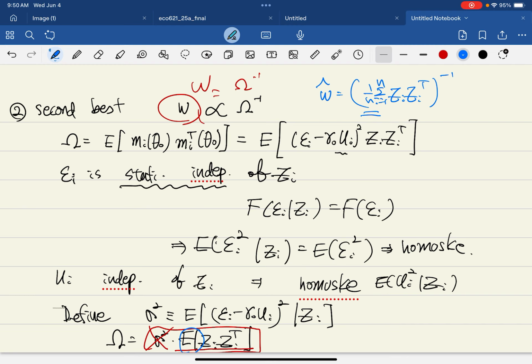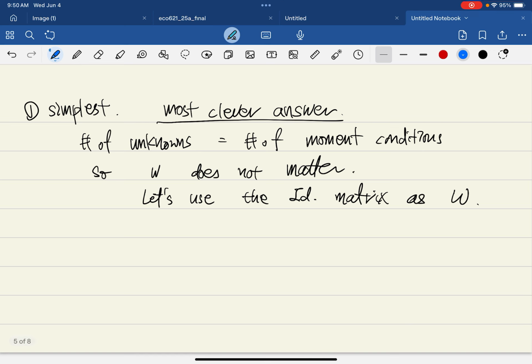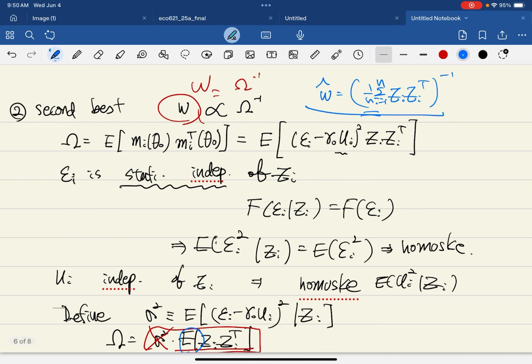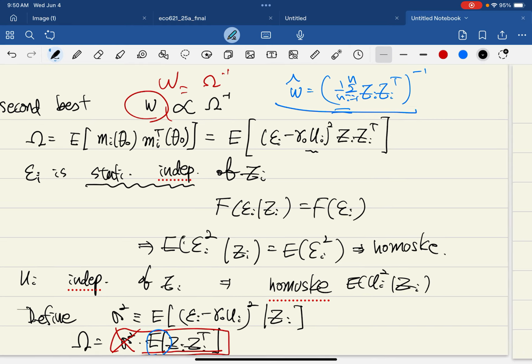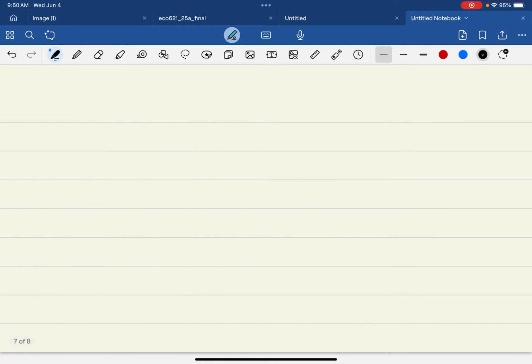But as I said, even if you use this, the solution should be the same as the simpler version. They don't have any difference in your sample implementation. And the worst, well, not worst, it's still correct, but not so clever answer is two-step GMM.